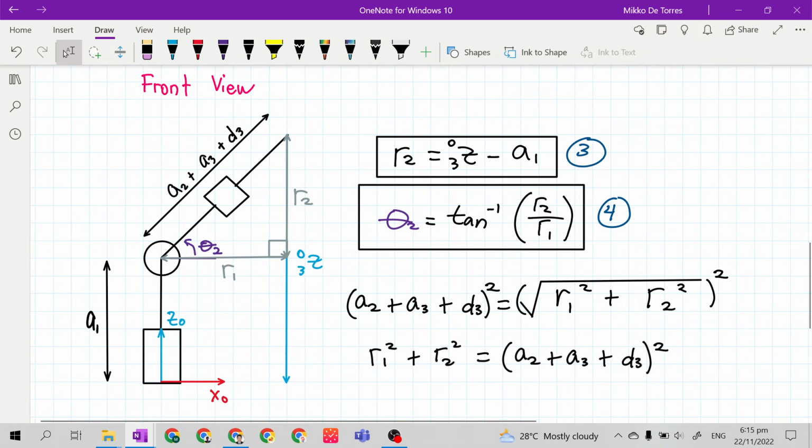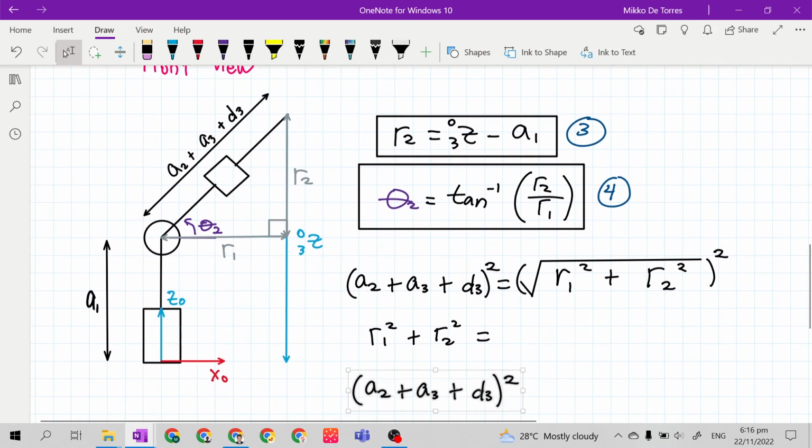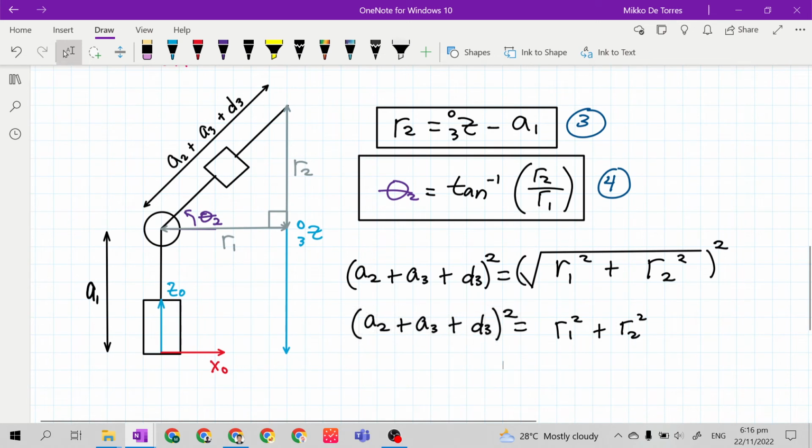Then this is squared. We can remove the, what do you call this?